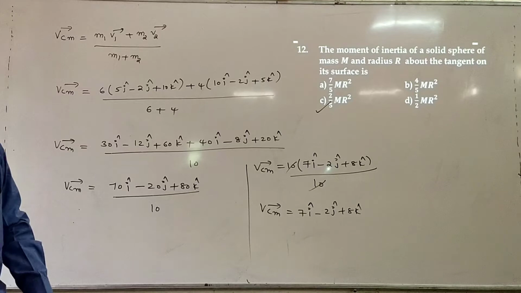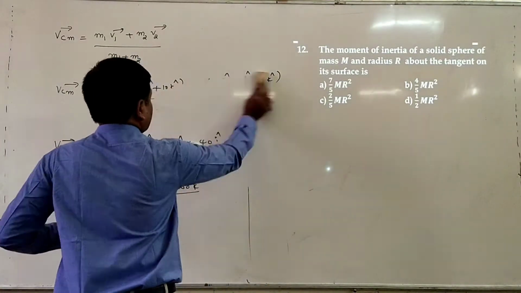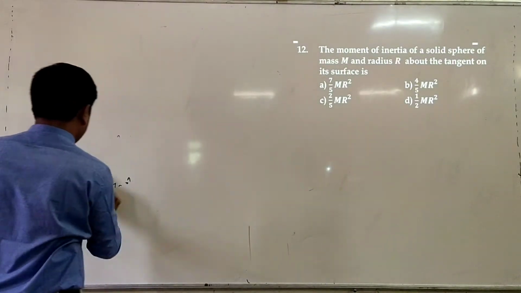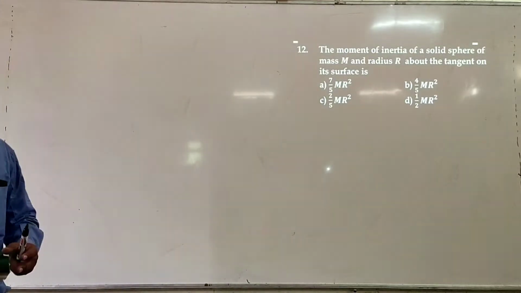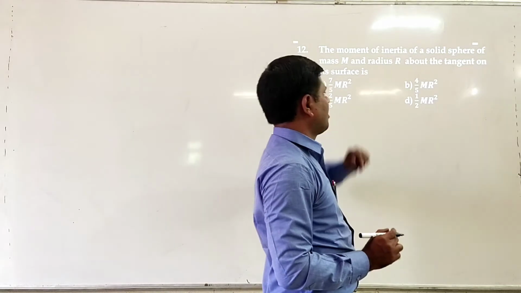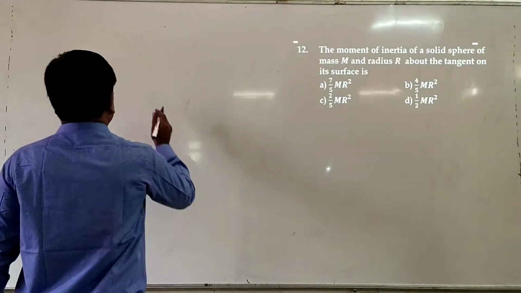Next we go to question 12. The moment of inertia of a solid sphere of mass m and radius r about the tangent on its surface.